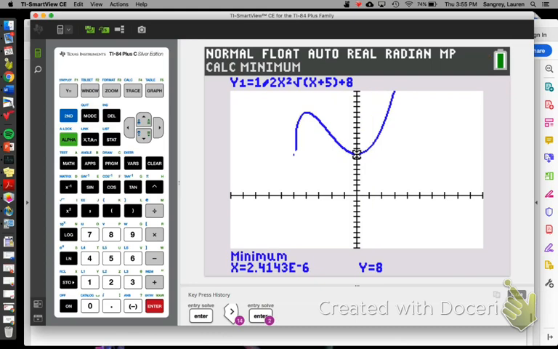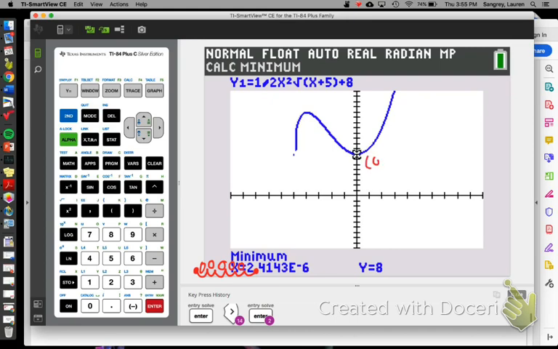This minimum is in scientific notation, so that e to the negative 6 is like 10 to the negative 6. So what's happening is this decimal point, if you can remember from your scientific notation days, is moving 1, 2, 3, 4, 5, 6 places to the left, and it's all filled in with zeros. So this is a really small number for your minimum, so we are going to round it to 0.